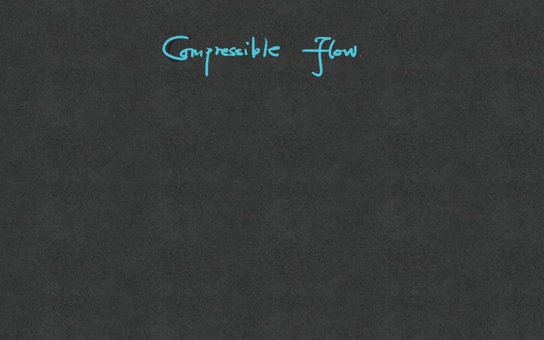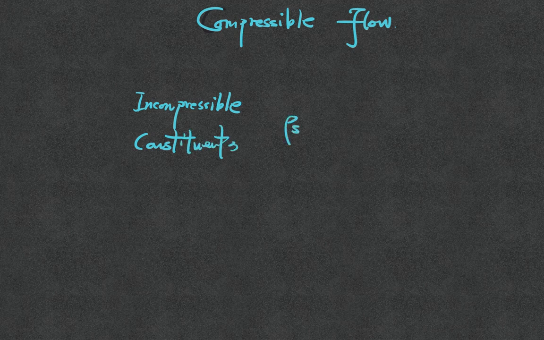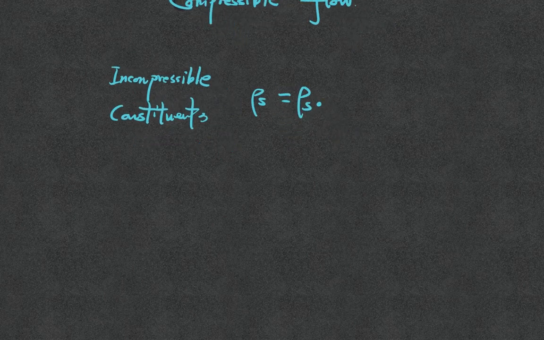So what did we have previously in the incompressible flow? In the incompressible constituent, we are assuming that rho s is equal to the initial rho s, the intrinsic solid density is equal to the initial intrinsic density, and the fluid is equal to the intrinsic one.